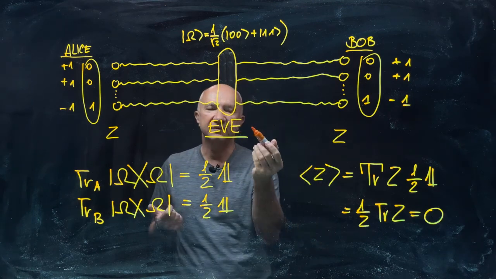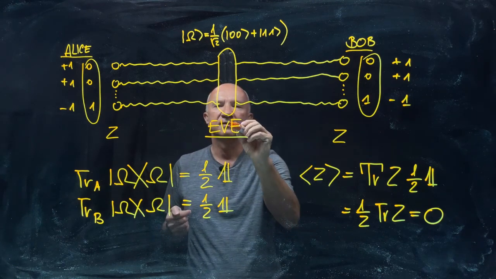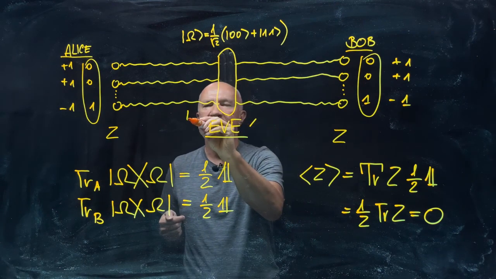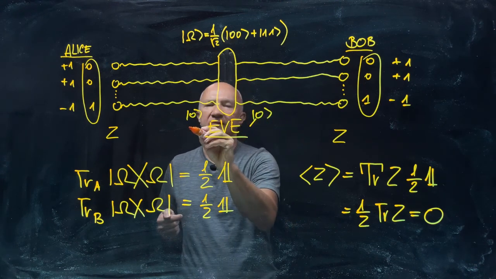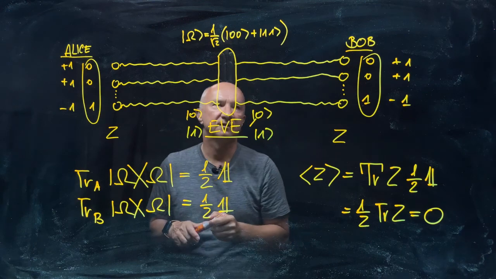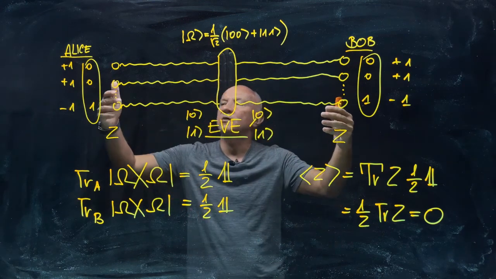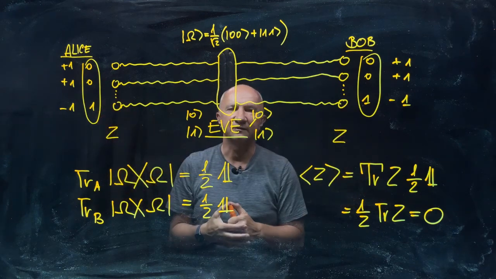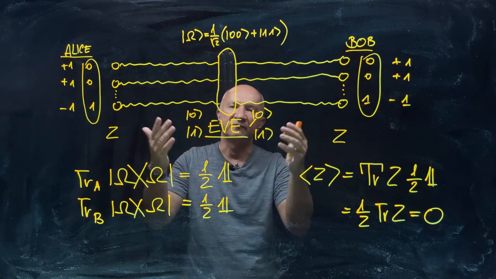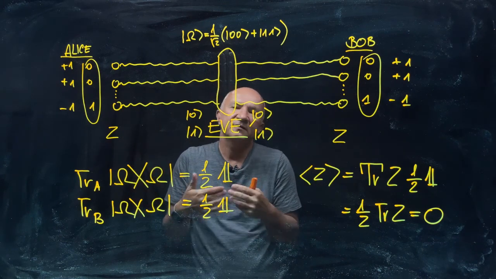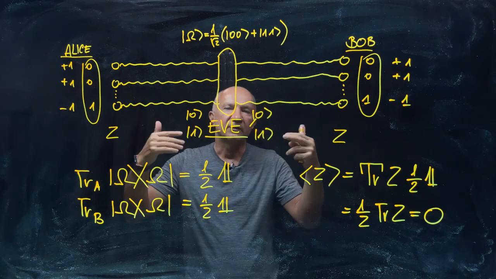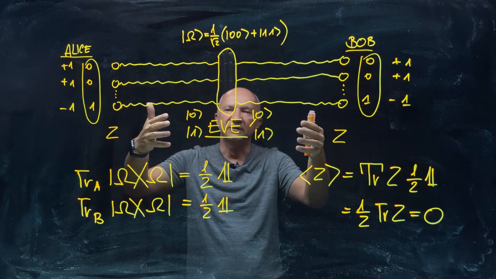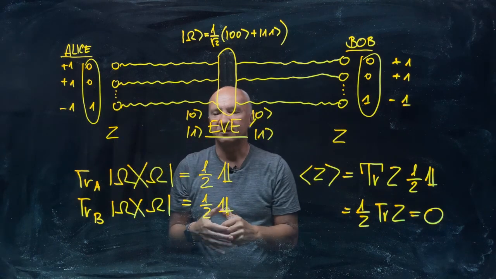Eve will just choose and distribute either state with equal probability, sending 0,0 or 1,1 to Alice and Bob. If Alice and Bob only measure the Z observable, they will not be able to tell the difference between the two. And Eve, of course, knows which value was sent to Alice and Bob. So this system obviously is not secure, and we have to work harder. We have to take this idea and do something to it so that we exclude Eve from the game. That's our next step.